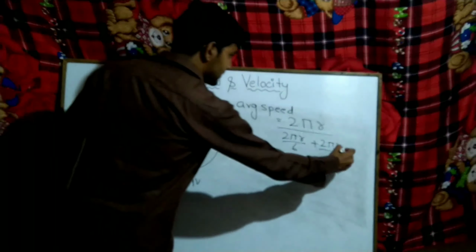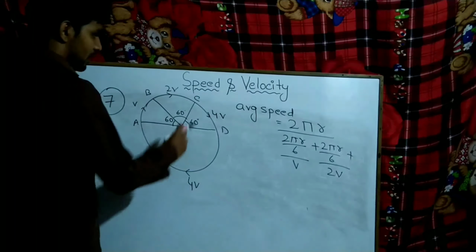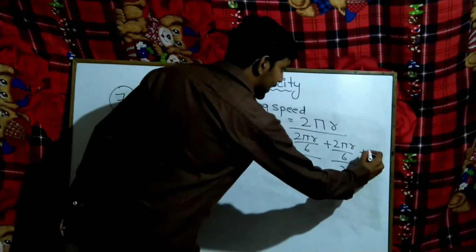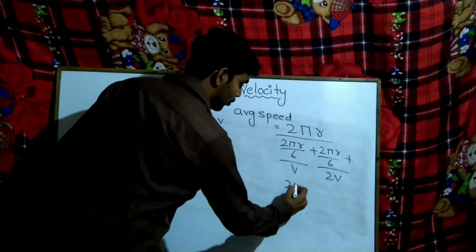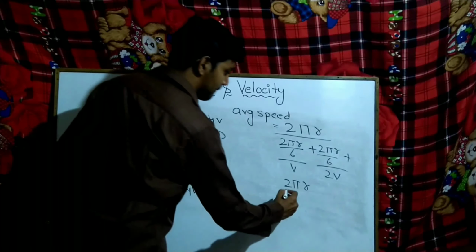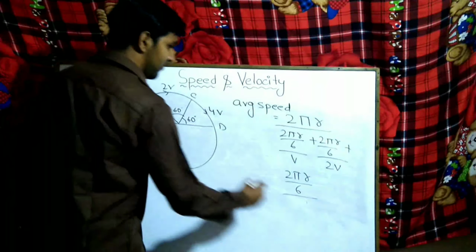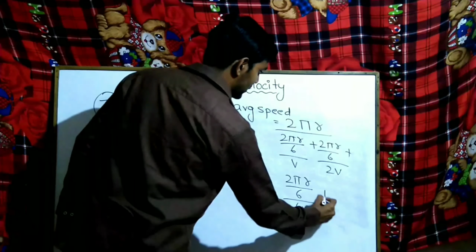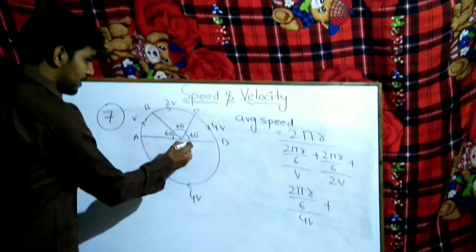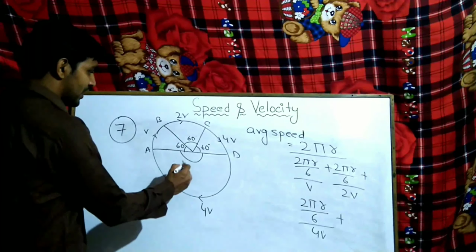Now again plus the sixth part: 2 pi r by 6 divided by 4v, plus. Now tell me, what is the angle here in total? 180.